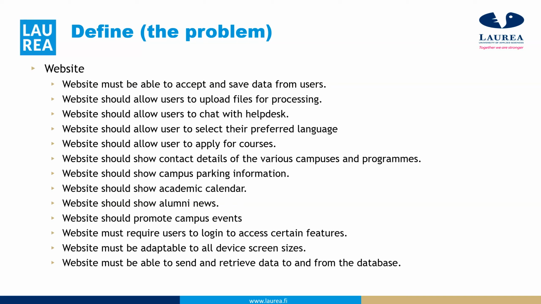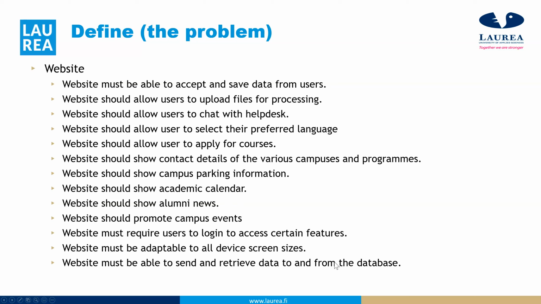Users should be able to apply for courses, and so forth: campus information, academic calendar, alumni news, campus events, and logging in to access certain features. It should be adaptable to all devices and screen sizes, so basically it needs to be responsive. And it should send and retrieve data to and from a database, for example.